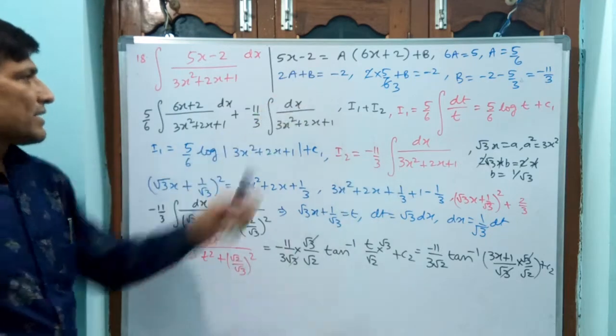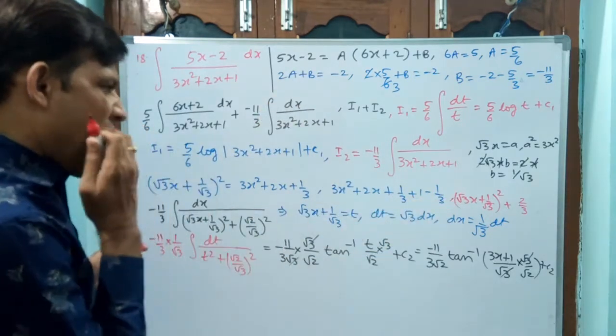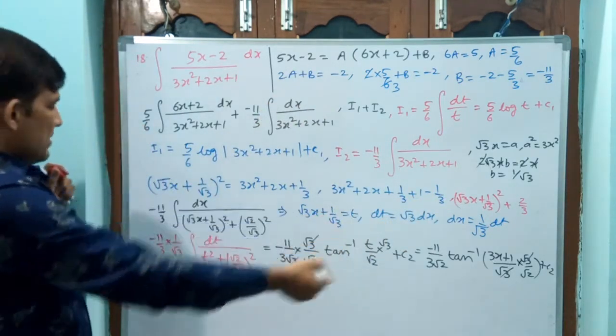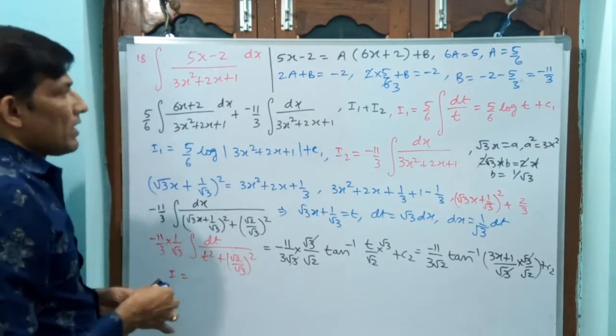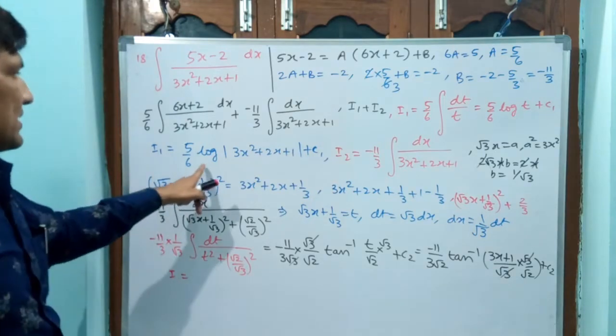Now finally what will be the answer? I am writing the answer directly. Why? Because nothing is there. 3x plus 1 by root 2 will come there. See what I am writing. Final answer I is equal to I1. How much it has come? This is I1.